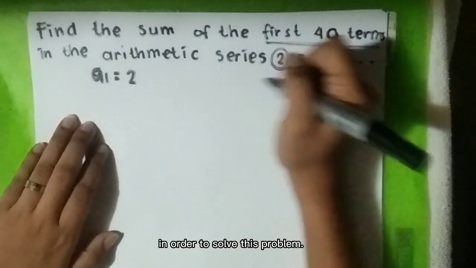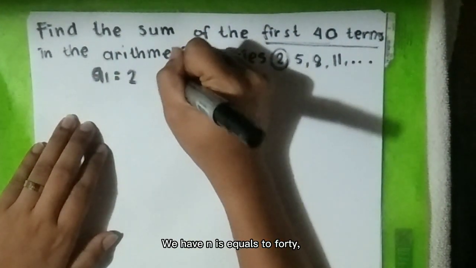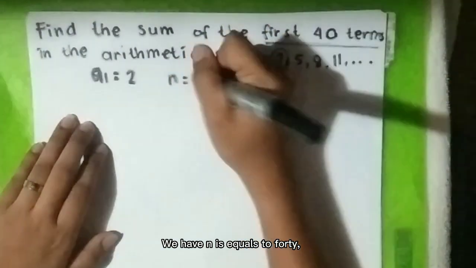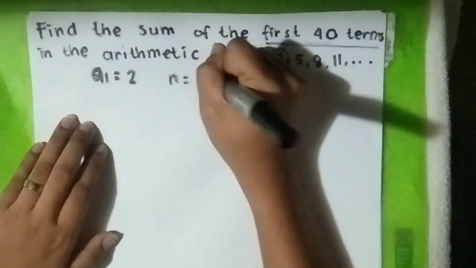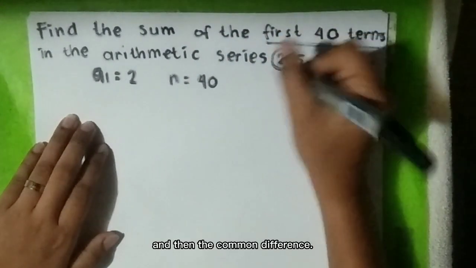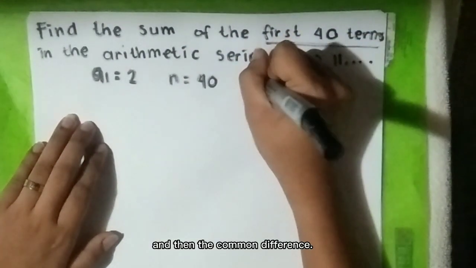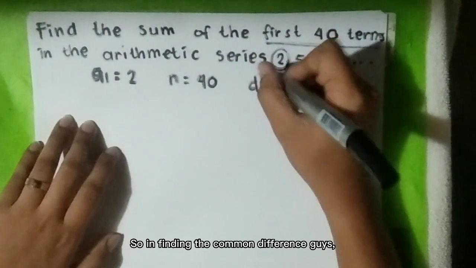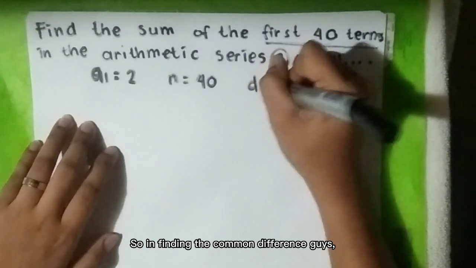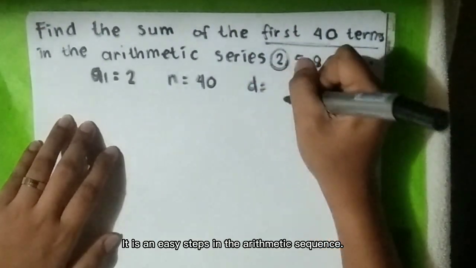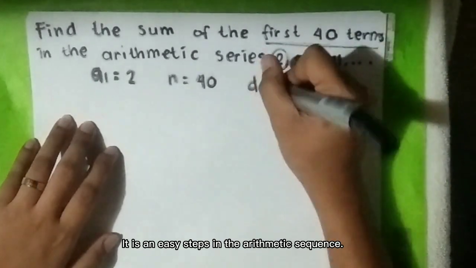We have n equal to 40, and then the common difference. In finding the common difference, guys, it is an easy step in an arithmetic sequence.